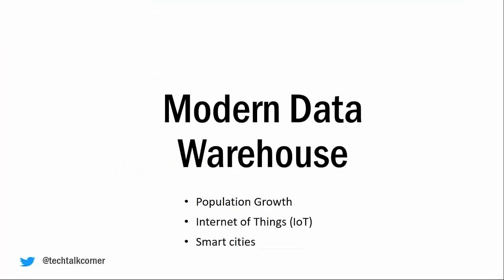Not a problem. So the idea is that if you think about the population growth, right now there are 7 billion people in this world, okay? And it is incrementing by 1 billion people every between 10 and 15 years, okay? And you may think, okay, maybe the population growth is not that important as the number of devices per person, okay?